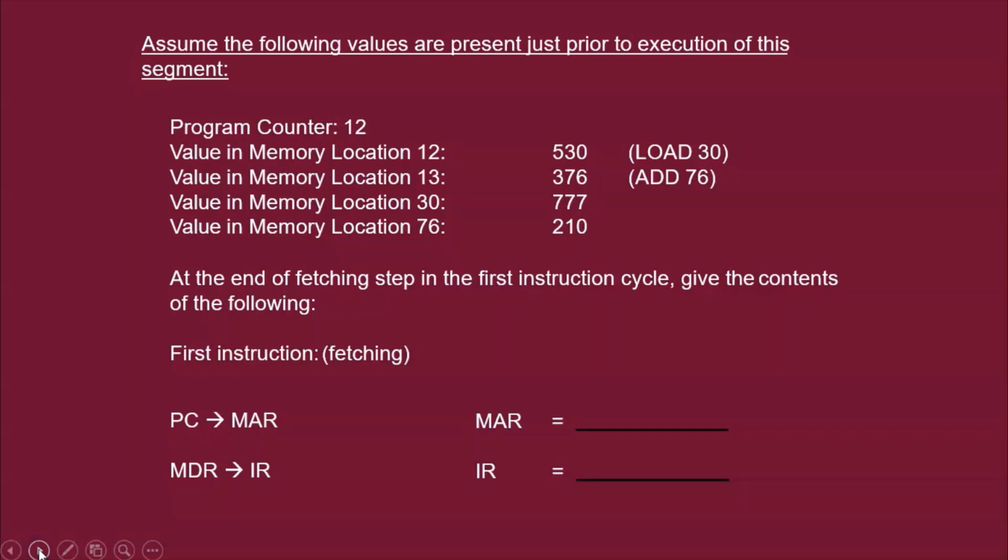Okay, however, what I showed you just now is based on the real hardware and the real assembly language, 8088 assembly language. But now, this is for general. So let's say your PC is 12. Okay, this is the process of fetch instruction.